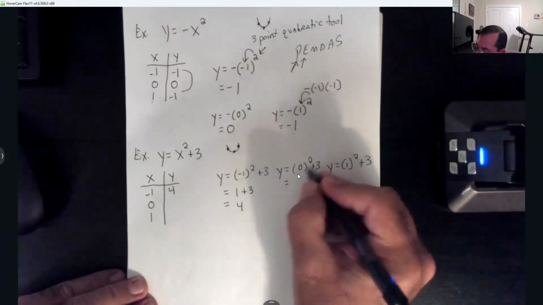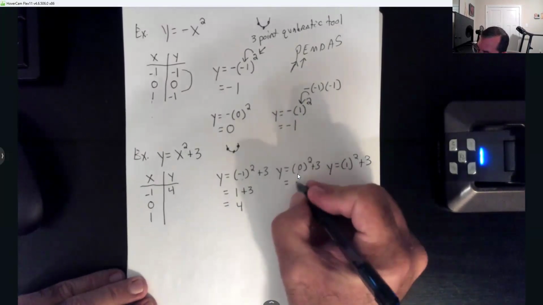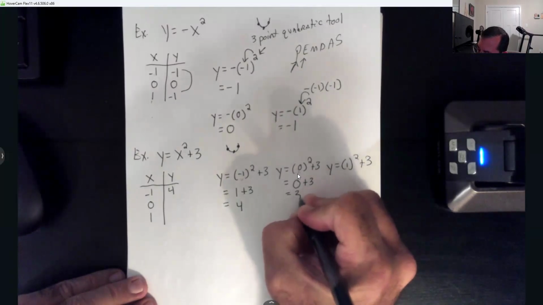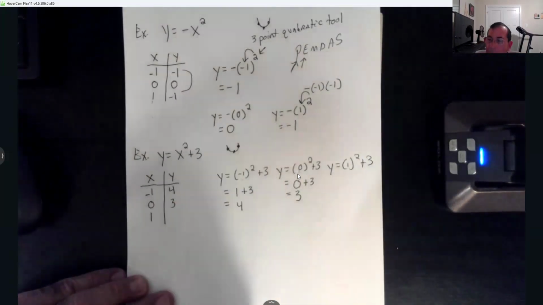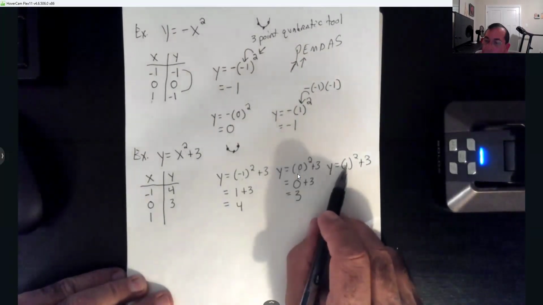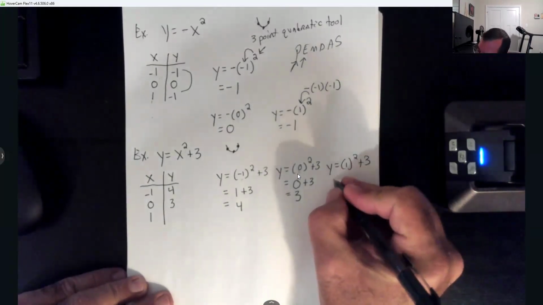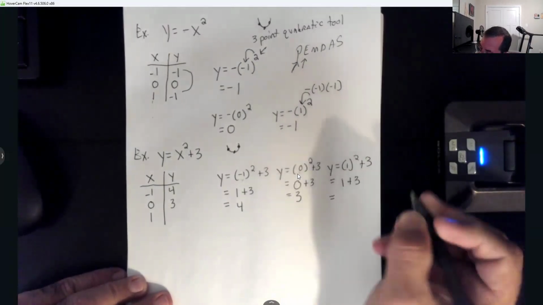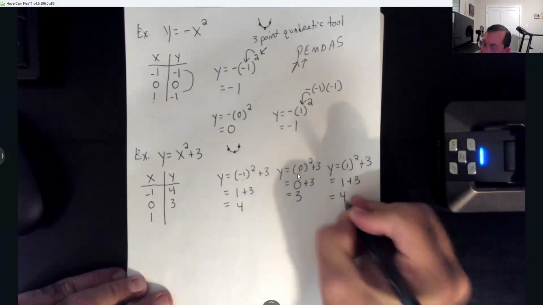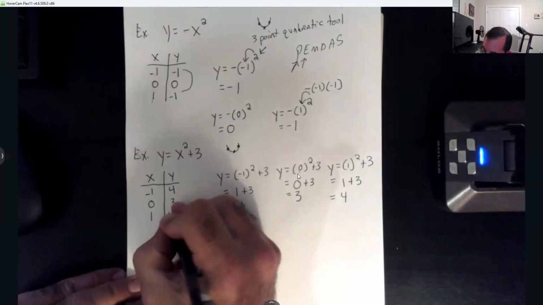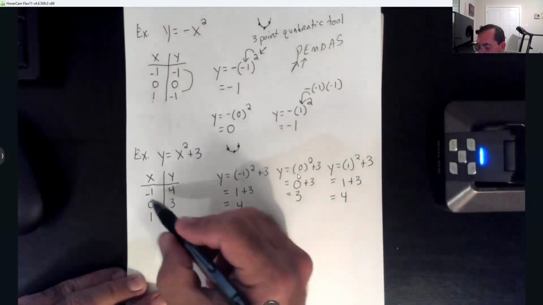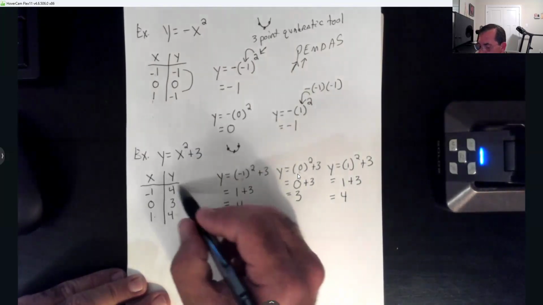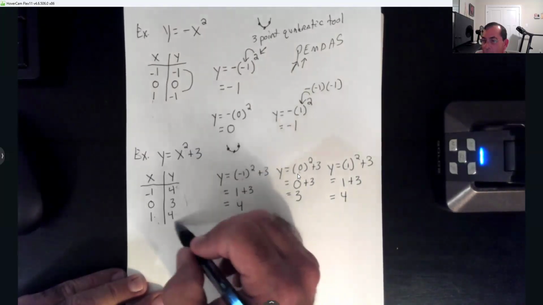All right, here I got 0 squared plus 3, so 0 times 0 is 0 plus 3, and that'll give us a 3. All right, y'all, 1 times 1 is 1 plus 3. And let's see, 1 plus 3 will give us 4. So y'all, if you're working these x squared graphs and you're using numbers that are like -1 and 1, if these don't match up, one of those 2 you did wrong, okay?